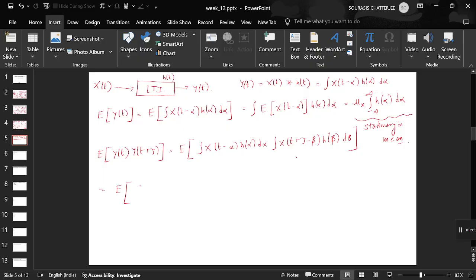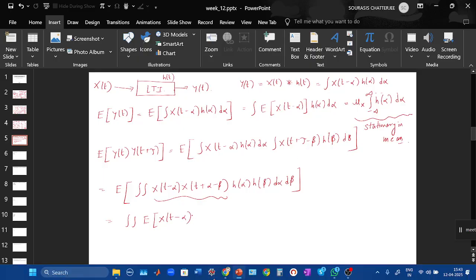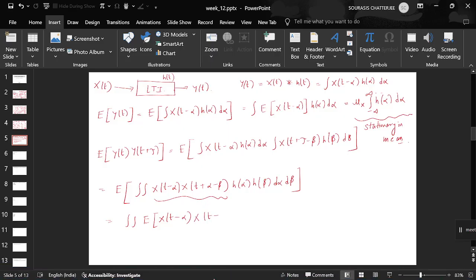So this is a double integral where we have x(t minus alpha) x(t plus tau minus beta) h(alpha) h(beta) d alpha d beta. Now again, since this part is the only random one here, we can bring the expectation inside. So this is basically the expected value of x(t minus alpha) times x(t plus tau minus beta), times h(alpha) h(beta) d alpha d beta.